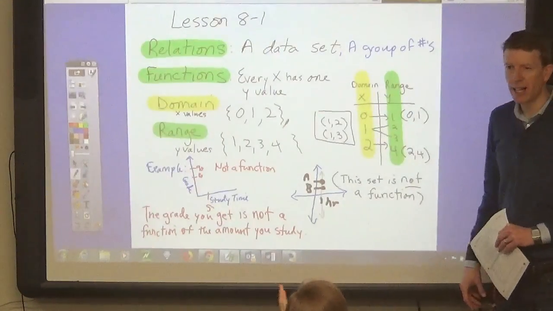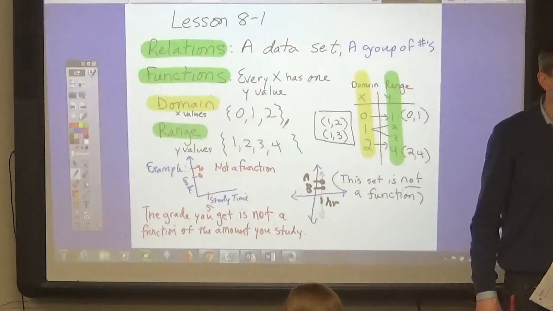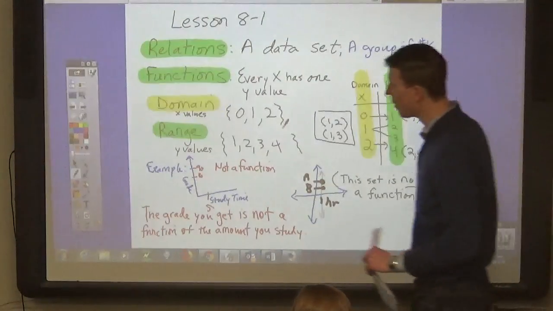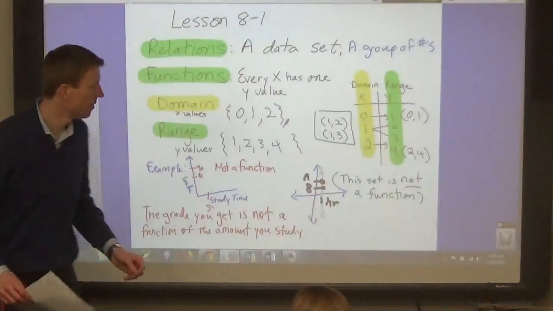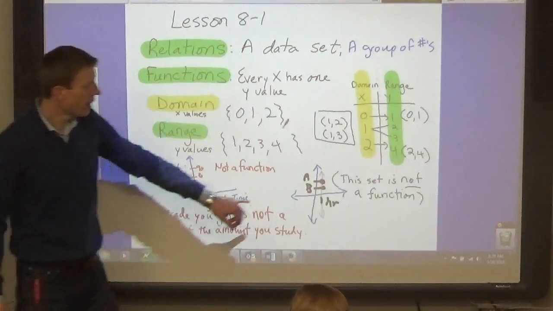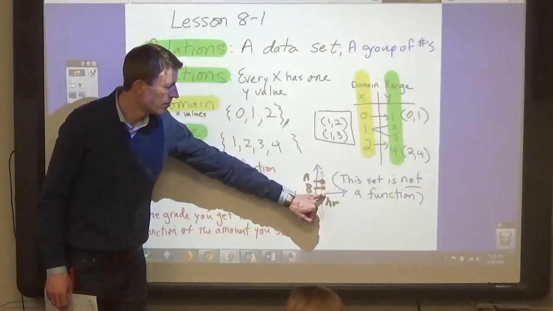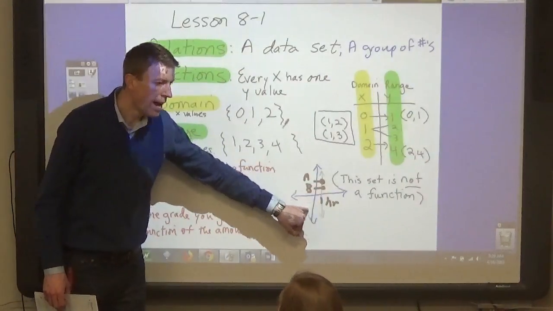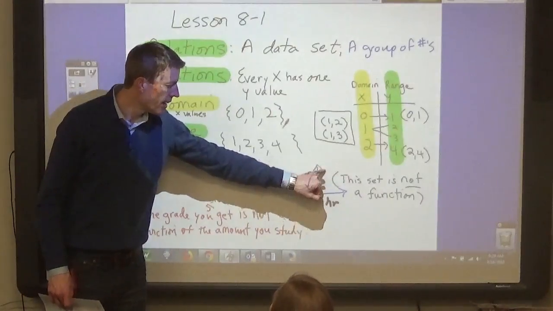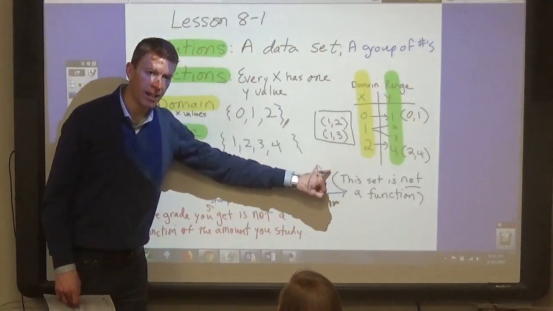There's another way to tell if a graph is a function. Okay? And it's called the vertical line test. The vertical line test. Look at this. If you have a graph and there are 2 points that are on the same vertical line.